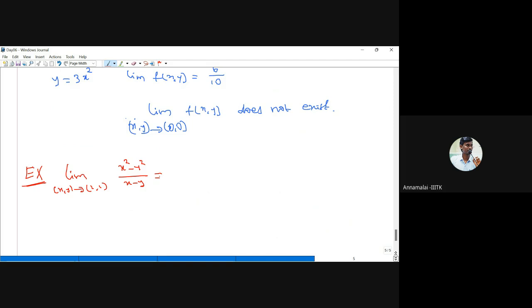So what is the value? In the numerator you can simplify it, x minus y into x plus y, x minus y cancels, we get x plus y. So directly substitute x equal to 1, y equal to 1, we get 2.